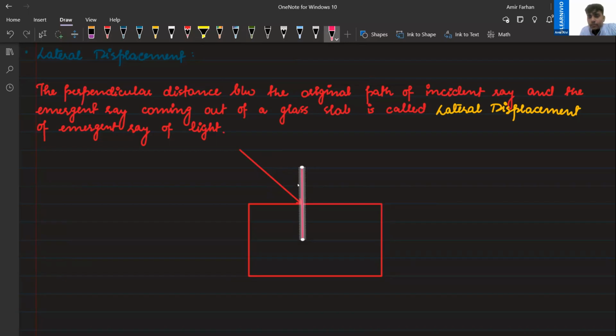Yes, everyone. After refraction, where would the light ray go? No one did revision? It will bend towards the normal, because you are going from rarer to denser. Air is rarer, glass is denser.